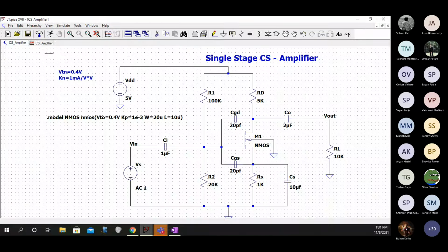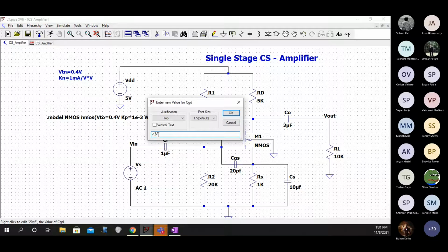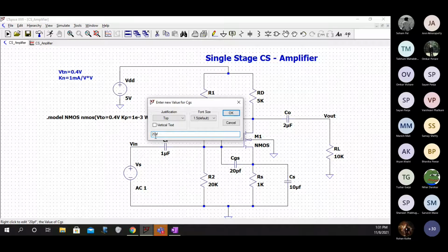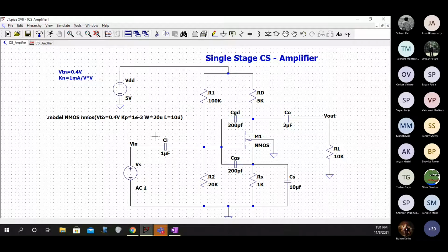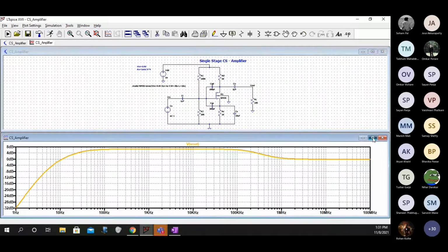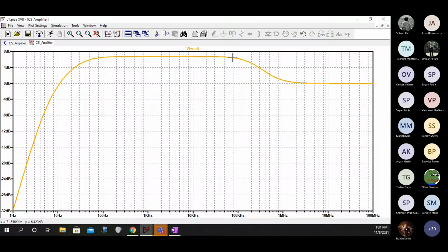So what this means is that if this value becomes bigger, if I make it 200 picofarads, and if I make this also 200 picofarads, let's say, what is the change? So you can see that this happens now earlier. So the bandwidth is going to reduce.